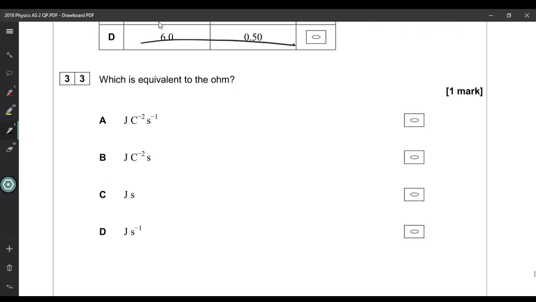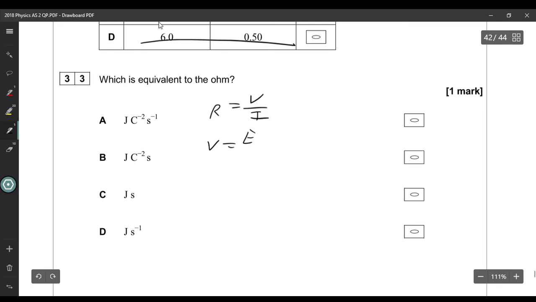Question 33 is asking which is equivalent to an ohm. So we know that R equals V over I, but we need to get this in terms of joules and coulombs. So we also know that V equals E over Q. So that's equivalent to having joules from the energy and per coulomb because the charge is underneath.